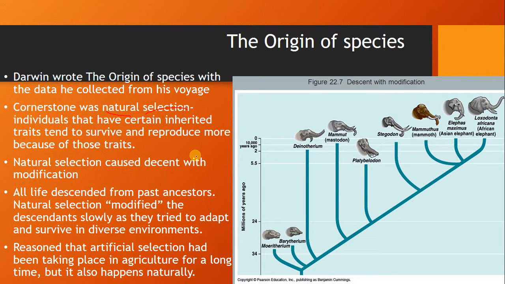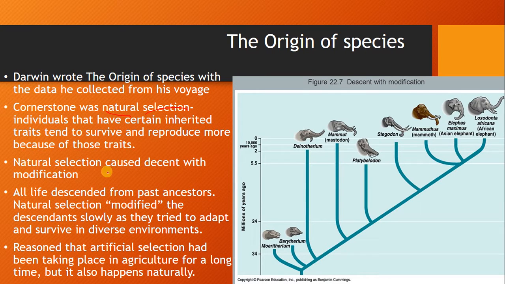So, if an organism has a genetic trait that allows them to survive better than those without that trait in the environment, they will most likely live longer and reproduce more because of it, and therefore the offspring they have will also be better able to survive.